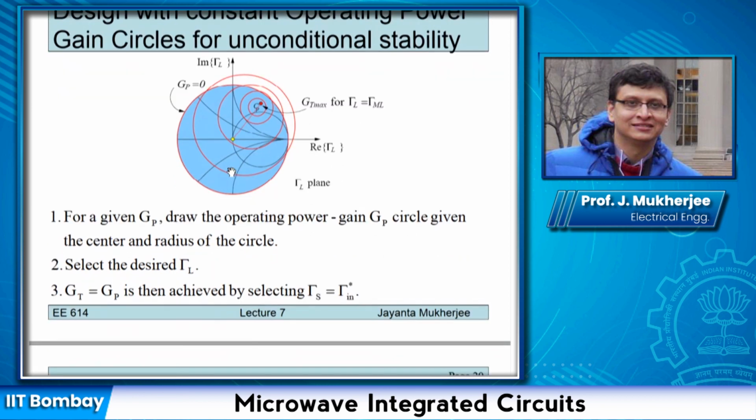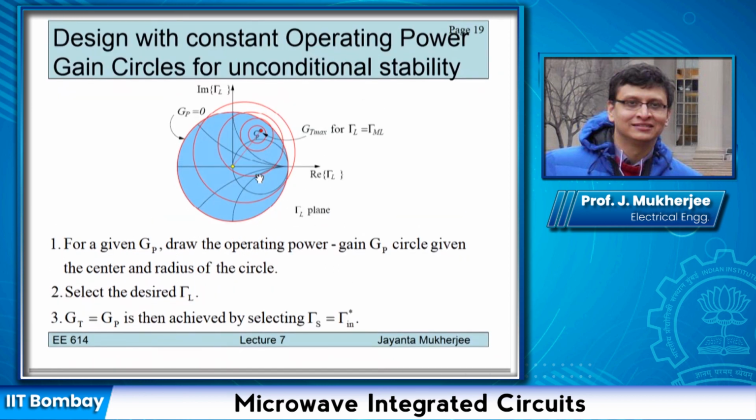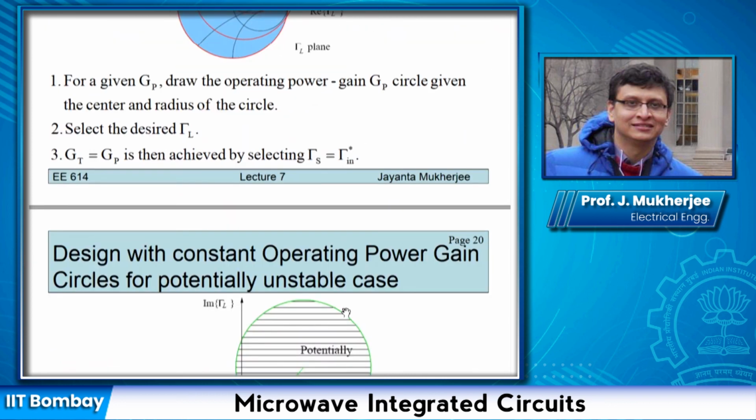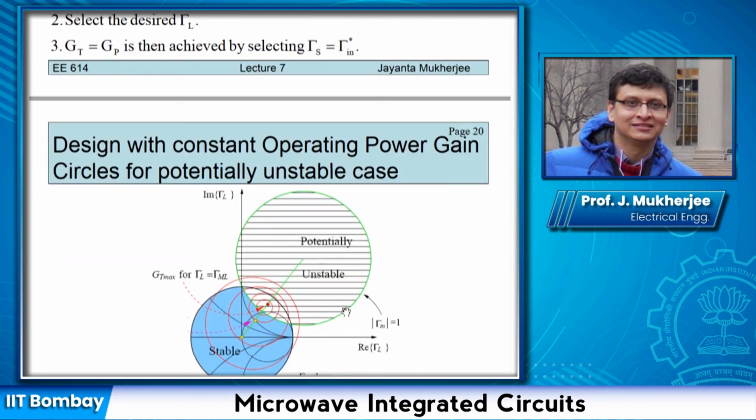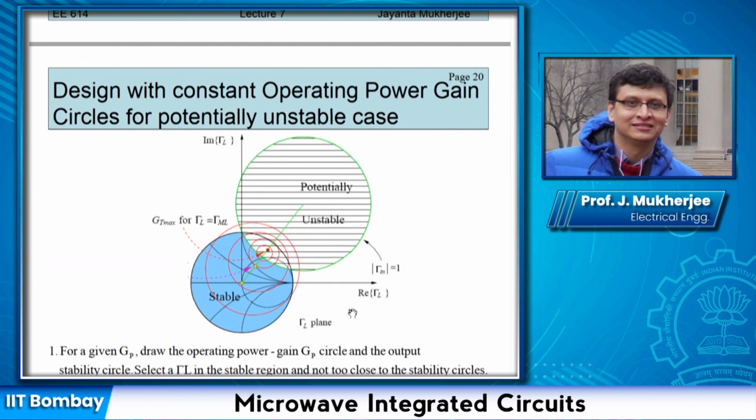Then once you choose that value of gamma L, you choose the value of gamma S as per this equation. Gamma S is equal to gamma in conjugate. So you first choose gamma L, calculate the value of gamma in, and then set your gamma S according to this equation. Okay. So suppose you also have your output stability circle present.